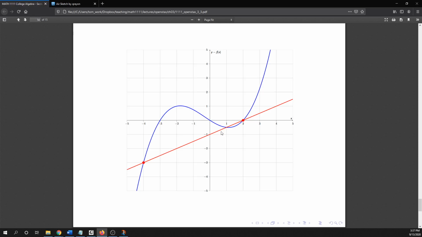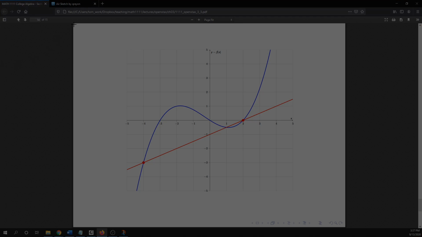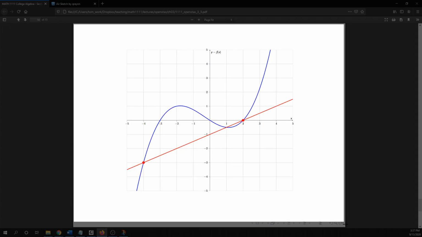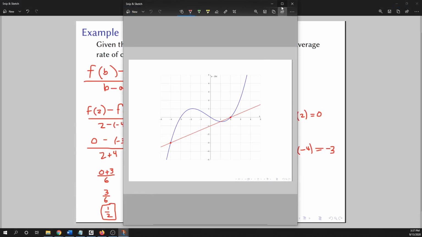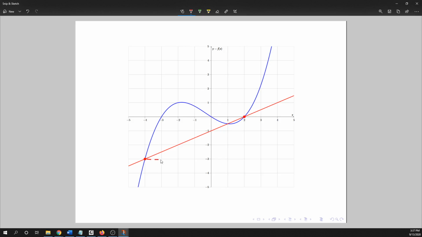And you can see I've drawn a line through those 2 points. So if I make this little triangle, I'm going to have to capture this image before I write on it. So if I look right here at this little triangle formed by those 2 points, and I calculate the change in y over the change in x, the change in y is 1, 2, 3.